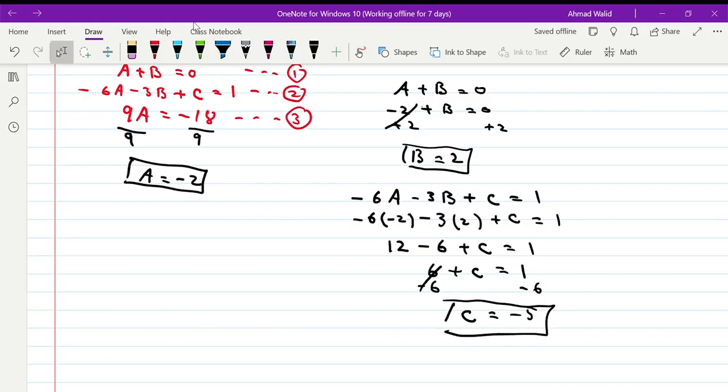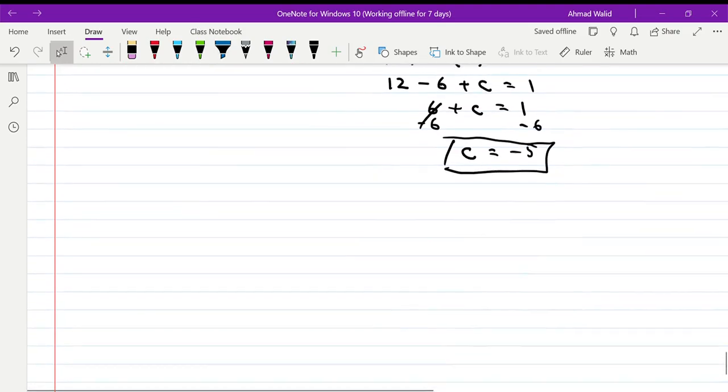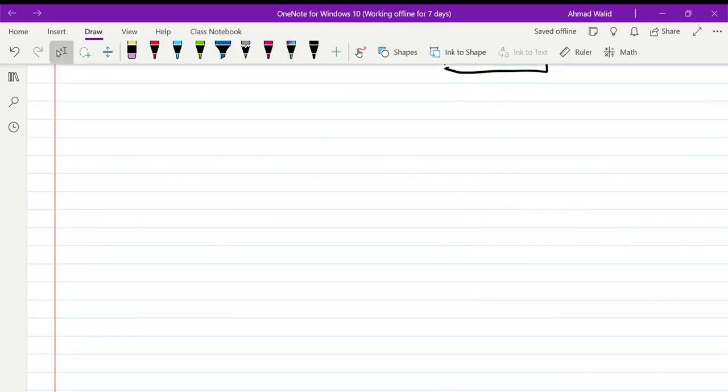As soon as you have a, b, and c, let's go to the last step. What was the last step? Last step is to copy the equation in step 1 and replace the values of A, B, C in your equation.